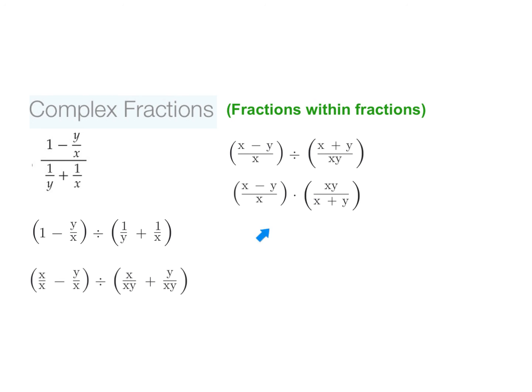Can anything cancel? One of those. What can cancel? Which X? Yeah, one from the X and one from the XY. X and the XY, you bet. I can cancel this X, it's a loner. With that X, it's a loner. Can I cancel anything else? There we go.